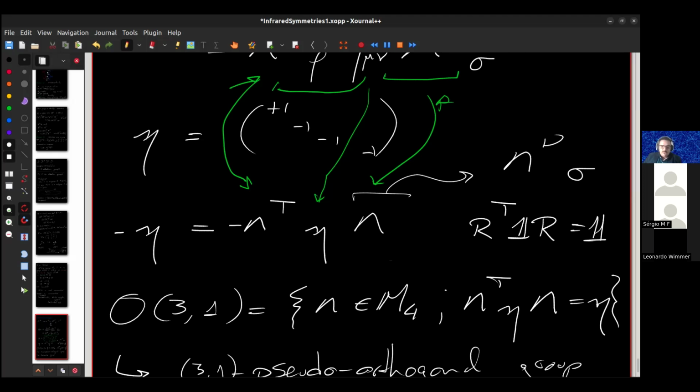both sides here, so you get the very same group, but we will call it instead O13. The reason is that the 3 refers to the number of positive signs and the 1 refers to the number of negative signs. So we do have these two notations, but they're actually the same group. But there are other constructions that you can do with them that are not really equivalent.